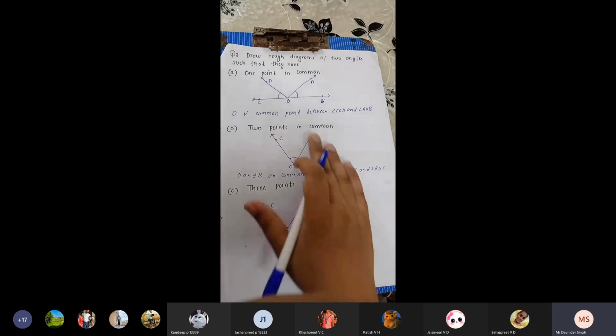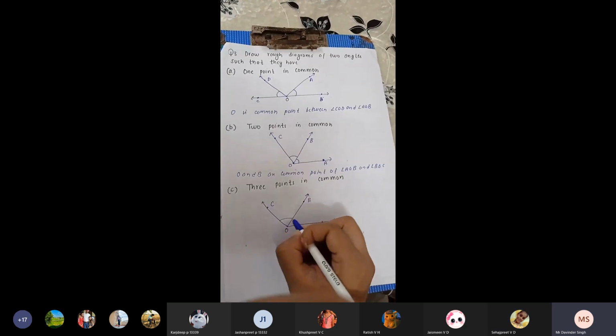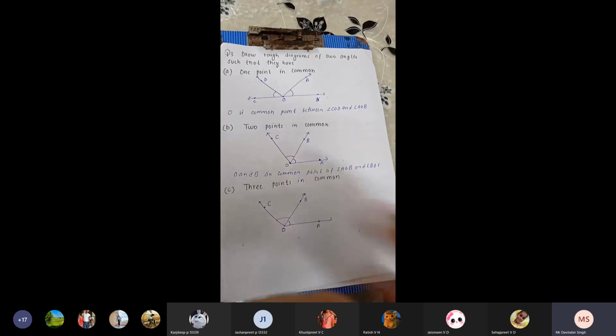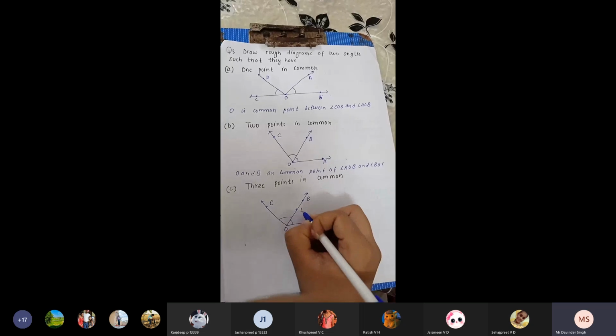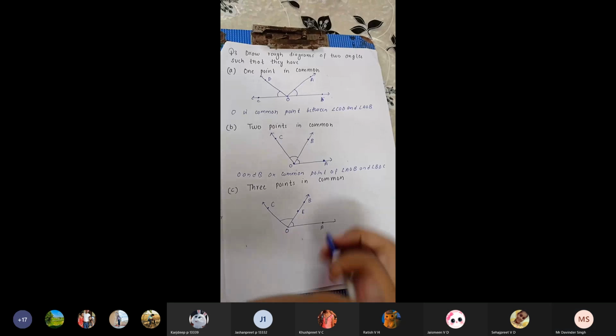I have drawn the same figure like this here. Again, I will talk about this angle. We know that this figure has 2 common points. But if I take an extra point here, suppose this is the point E, now there will be 3 common points.